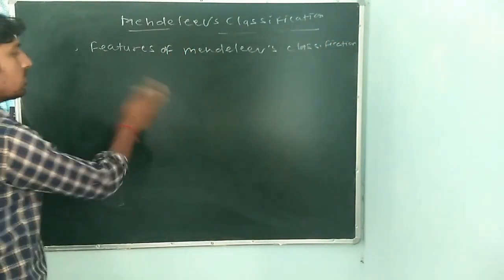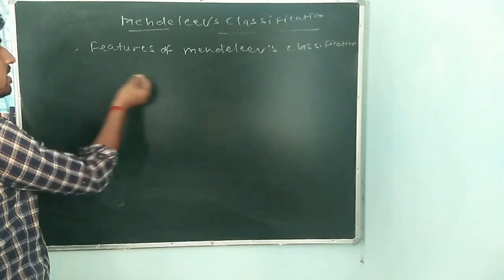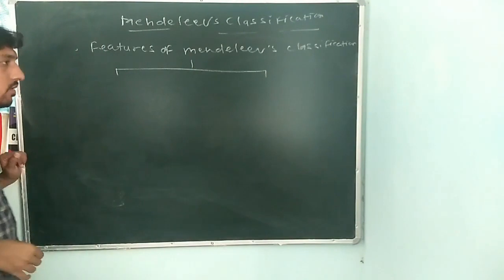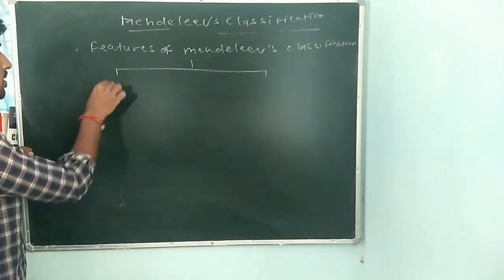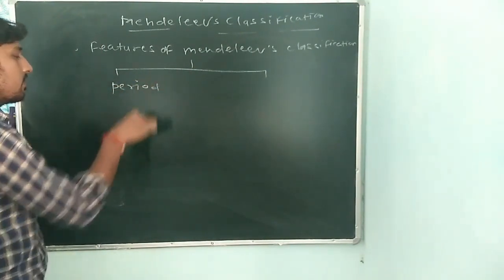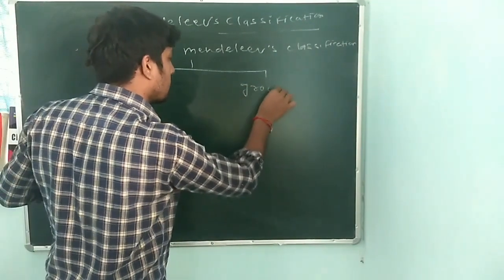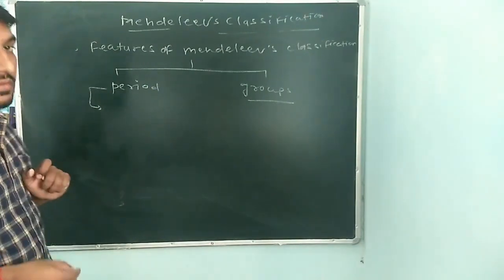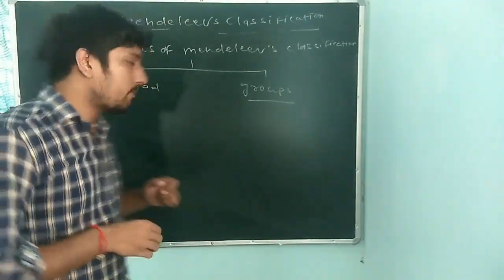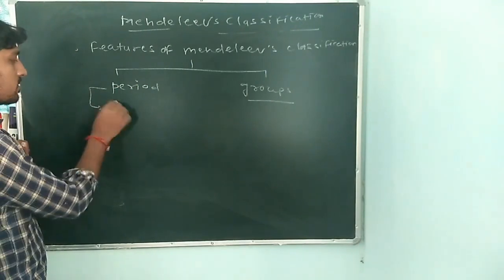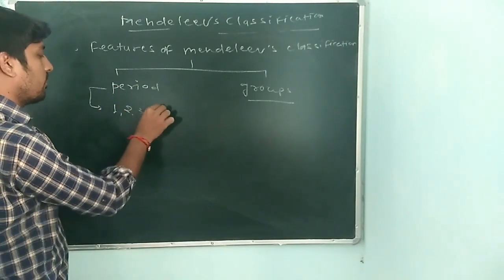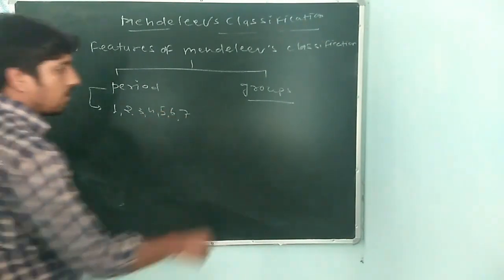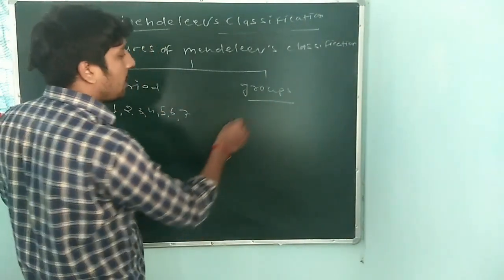In Mendeleev's classification there are two things: first is periods and second is groups. In Mendeleev's periodic table there are 7 groups: 1, 2, 3, 4, 5, 6 and 7, and there are 8 groups.